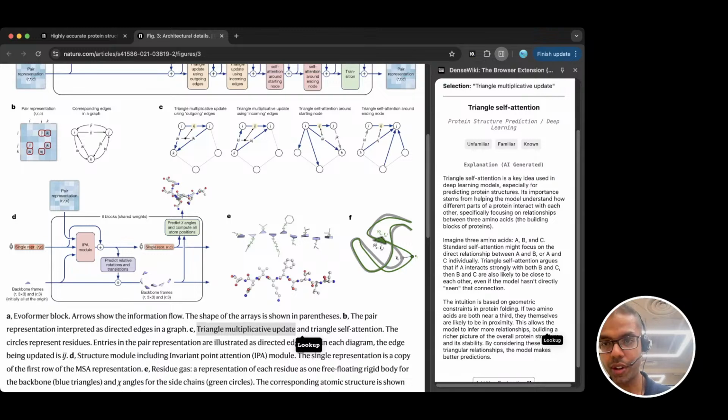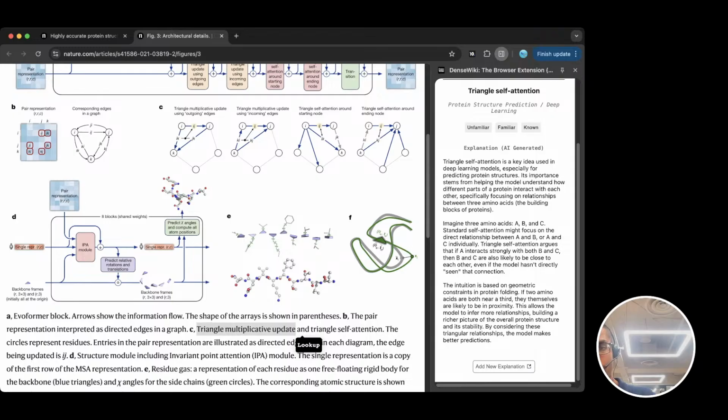Okay, self-attention helps the model understand how different parts of protein interact with each other. If two amino acids are both near a third, they themselves are likely to be in proximity.